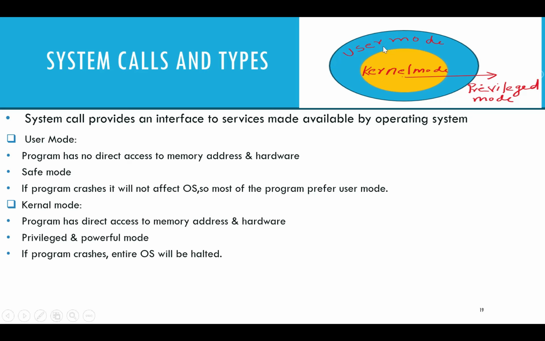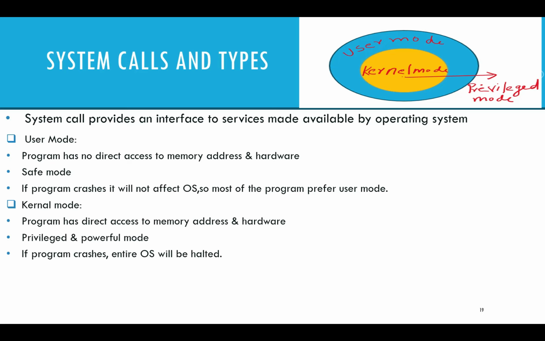When a program executes in user mode, it doesn't have any direct access to memory or hardware and such resources. But when a program executes in kernel mode, it is in privileged mode and has direct access to memory, hardware and such resources.